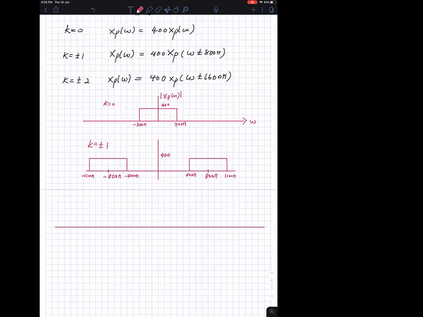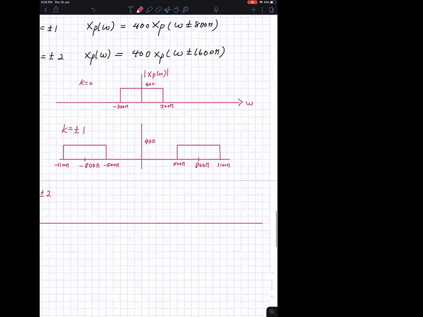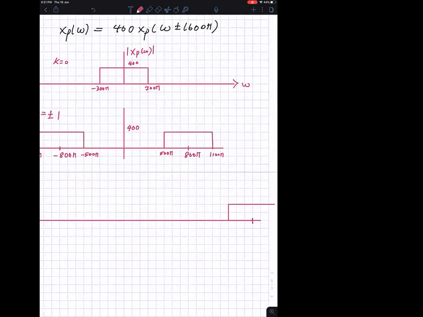The amplitude spectrum gets shifted to plus minus 1600 pi, somewhere here. Okay, don't have to go any further. I think it's enough here.